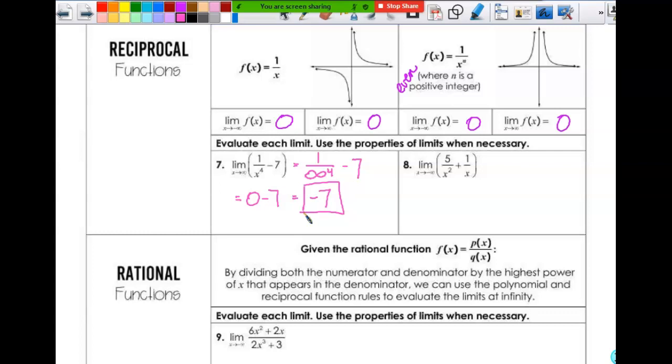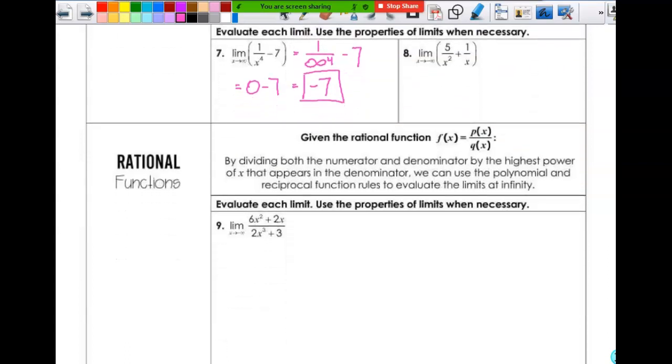Yeah, you don't really need to, but you can. All right, let's see. So I'm going to evaluate this one as well. We're going to go ahead and substitute with this one. So this is going to give me 5 over negative infinity squared plus 1 over infinity. Negative infinity squared is infinity.